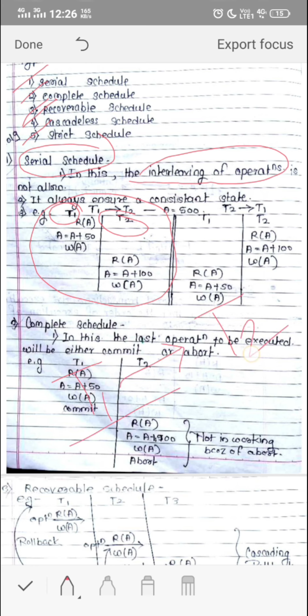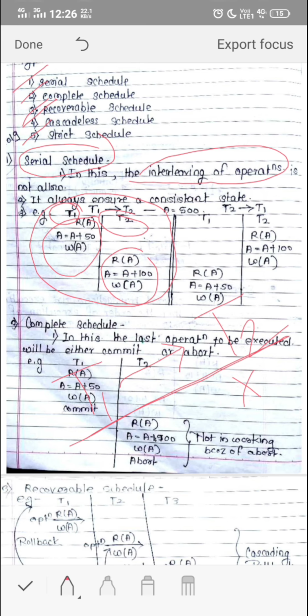First this transaction T1 will get completed fully, and once it is completed, then the transaction T2 can start, right? If transaction T1 is not completed, then transaction T2 will not at all get started.